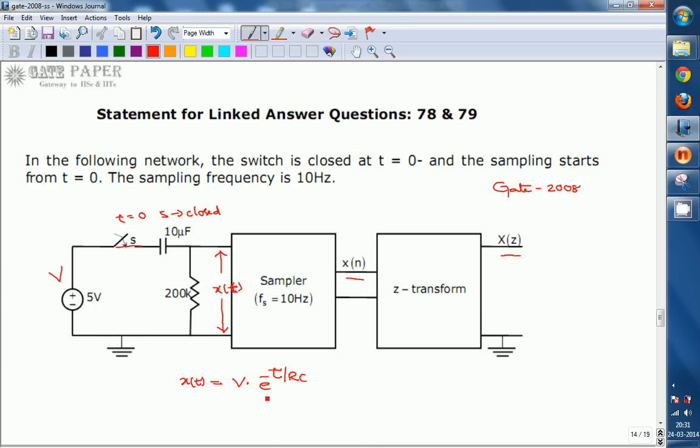That is the voltage across the resistor by applying the DC voltage of capital V. Then by substituting the values, given that R equals 200 kilo ohms, C equals 10 microfarads, and capital V is 5 volts.